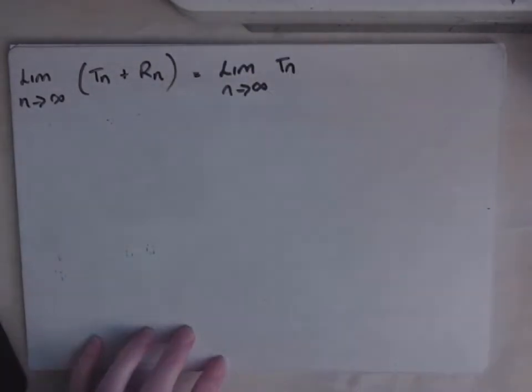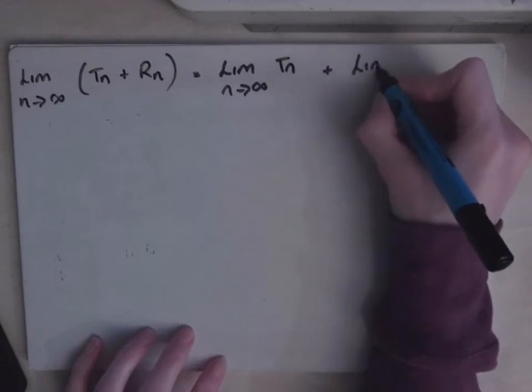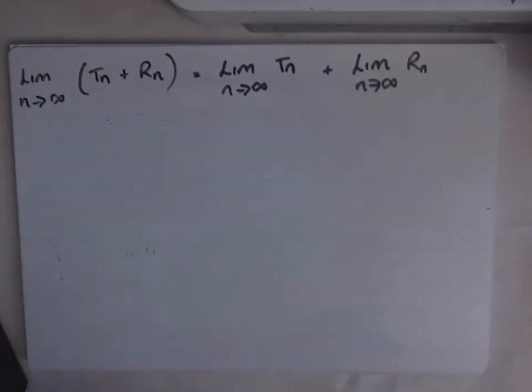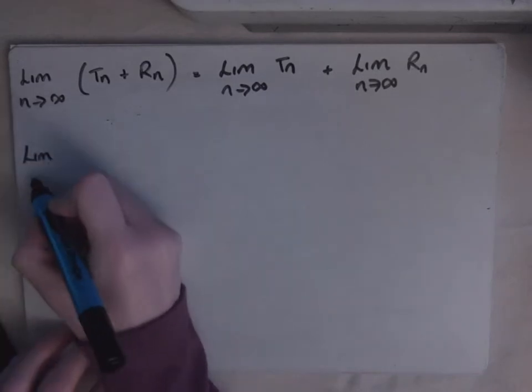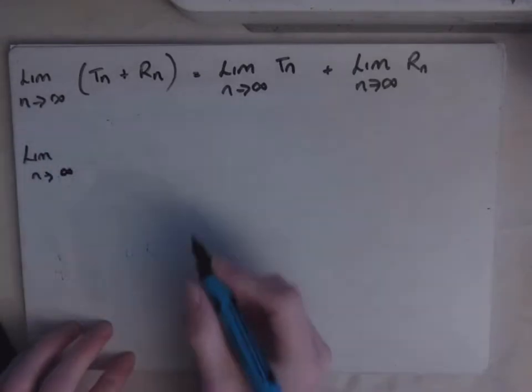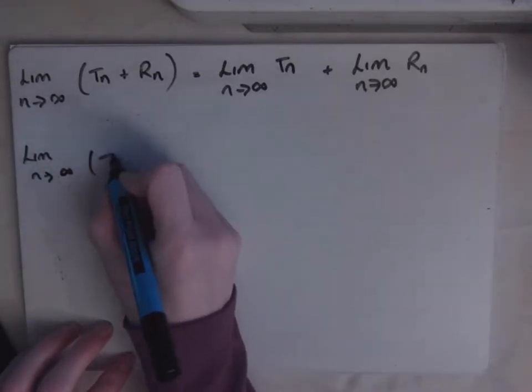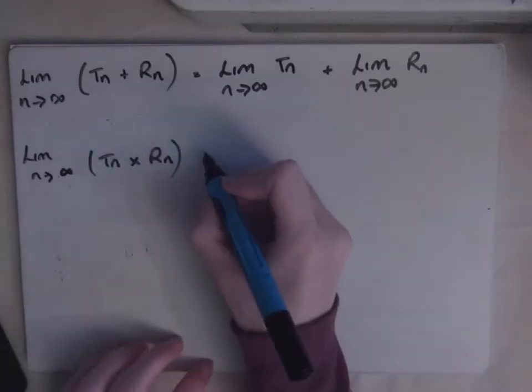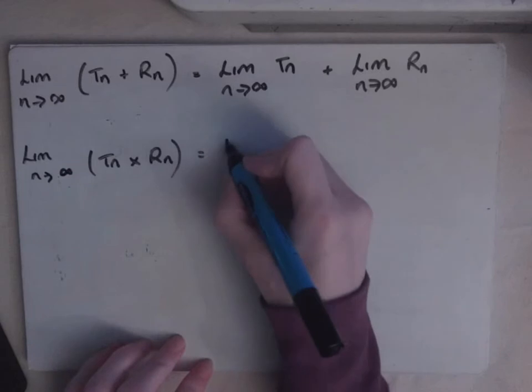So the limit of Tn, and you're going to add on the limit of Rn. Okay, same if you're asked to get the limit as n goes to infinity of a product of two different general terms.